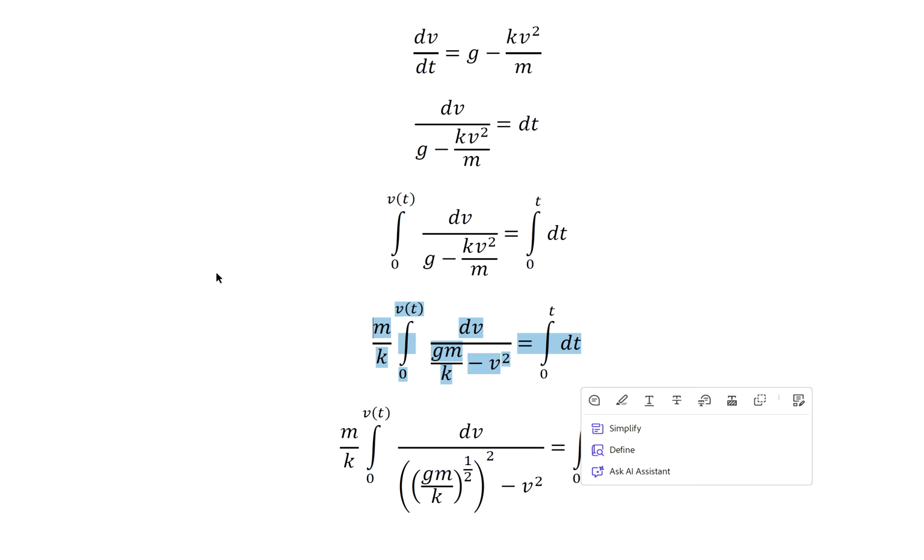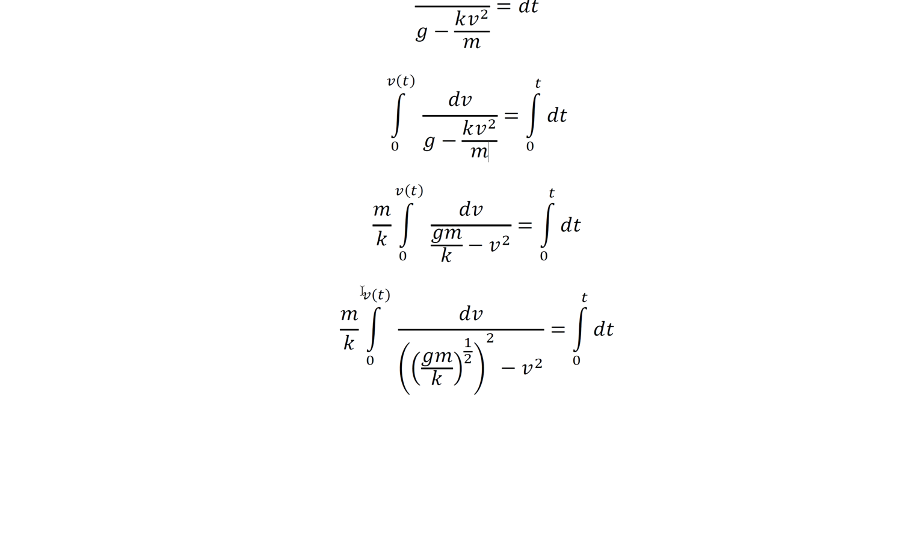Here, I factored out the k over m in this term. And then here, I made gm over k look like the square root of gm over k, squared. So in the denominator, I have something that looks like a squared minus v squared.